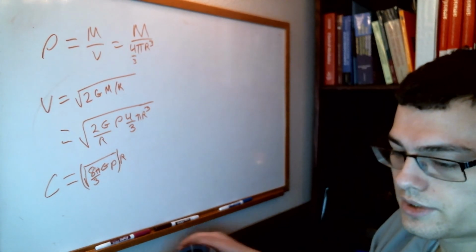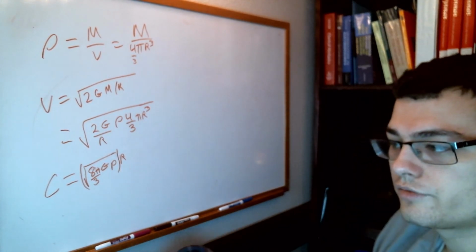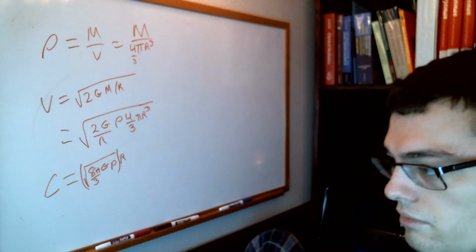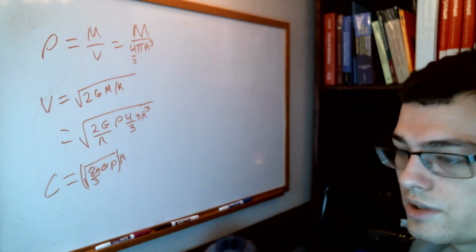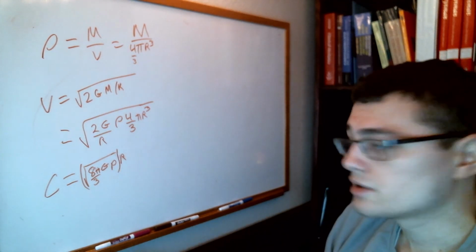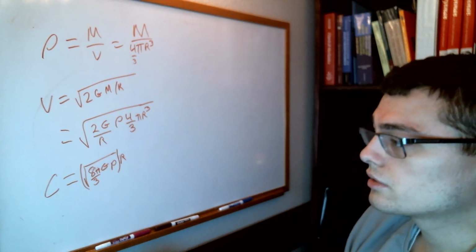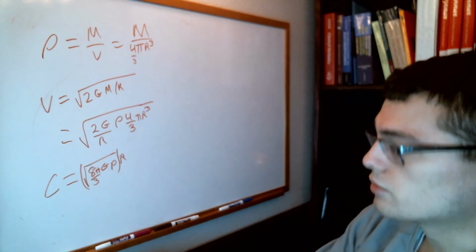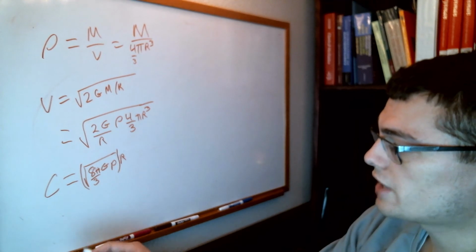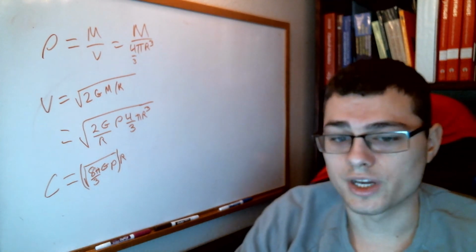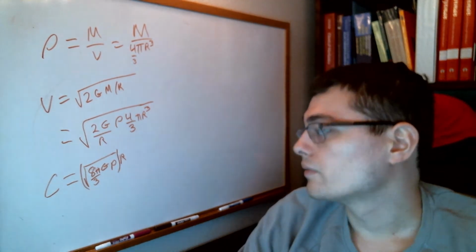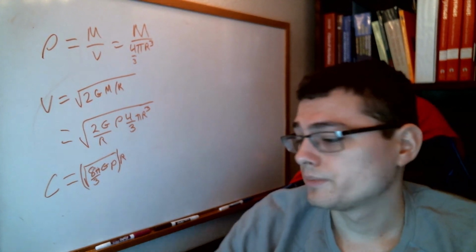A black hole can have a mass that is not infinite for this equality to work. All we have to do is find the critical radius at which light can no longer escape.